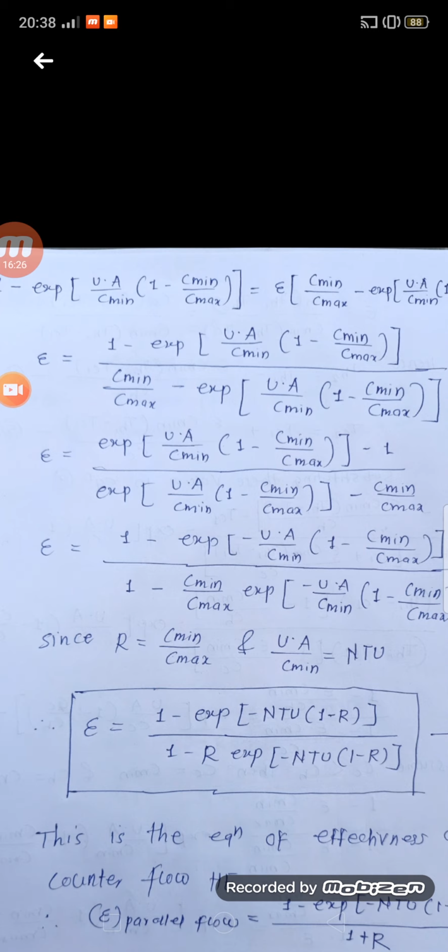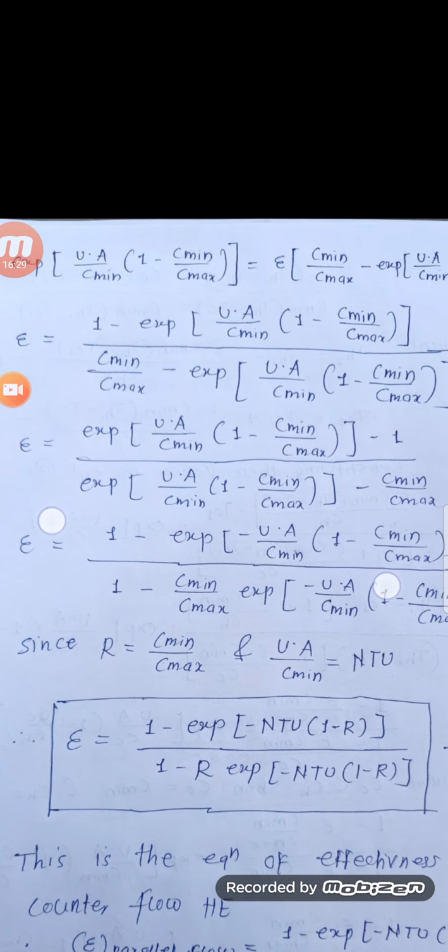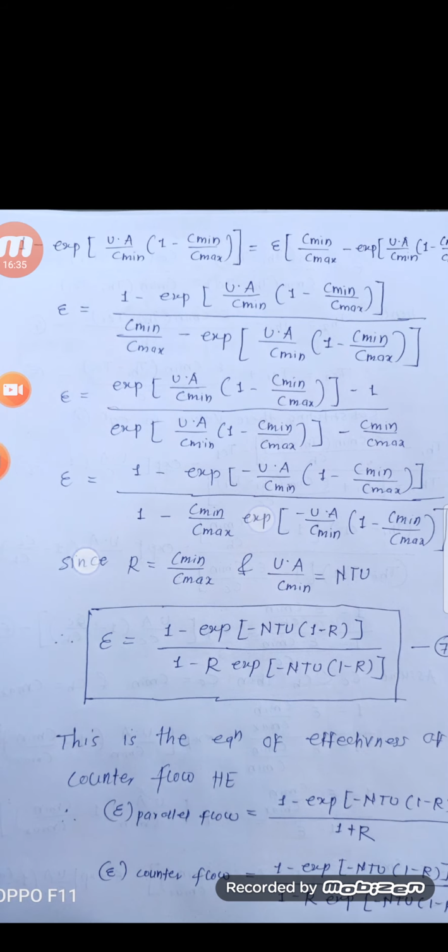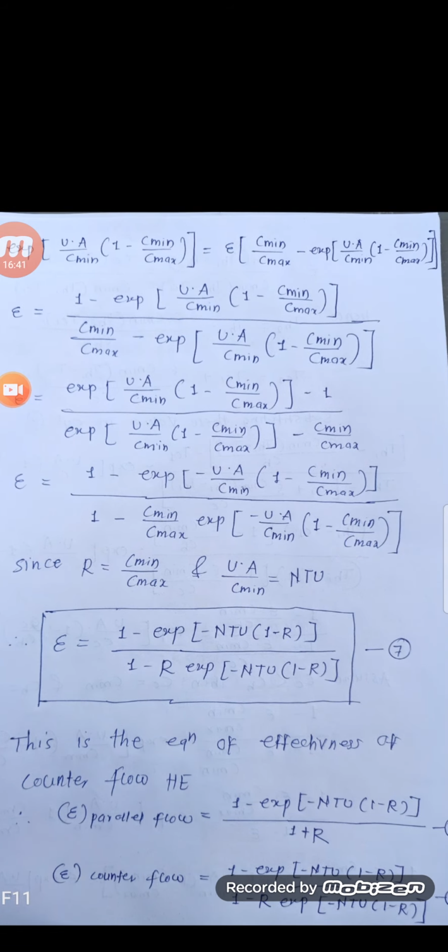So by rearranging terms we got the final equation of effectiveness, that is 1 minus exponential of minus UA upon C minimum into bracket 1 minus C minimum upon C max, and at the denominator 1 minus C minimum upon C max exponential of minus UA upon C minimum into bracket 1 minus C minimum upon C maximum.